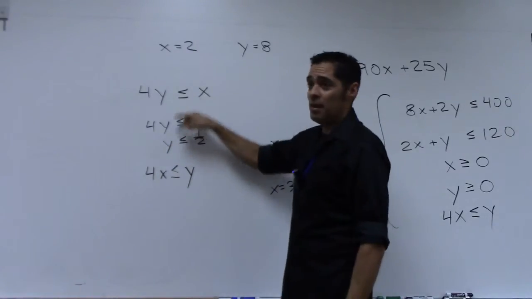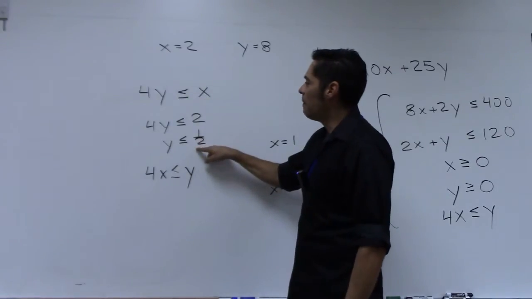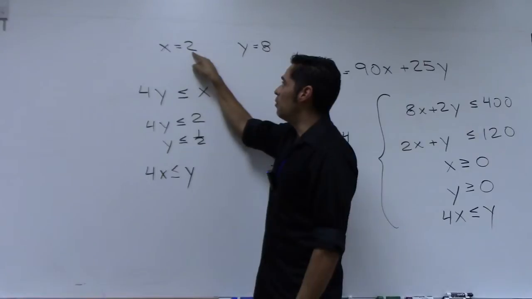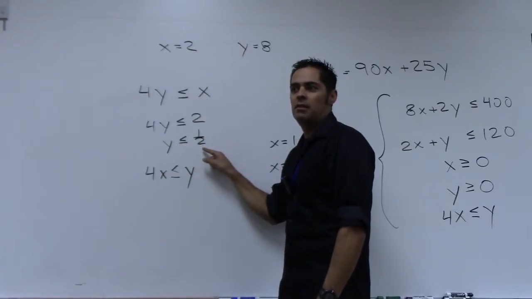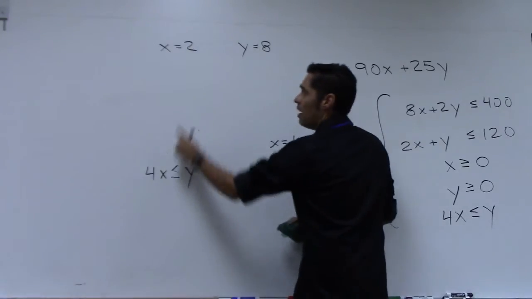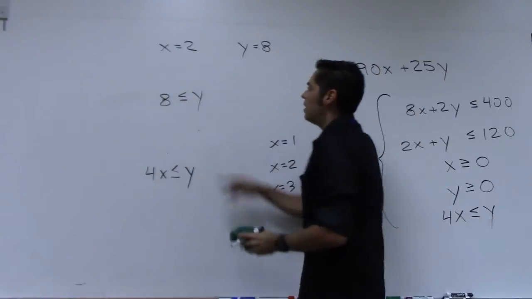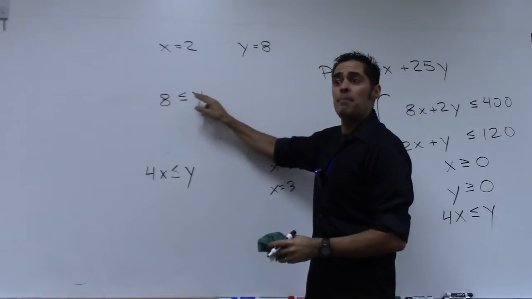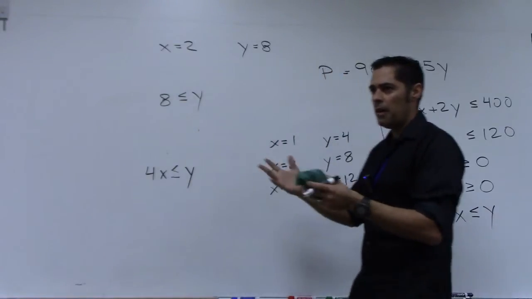So according to this, if you are going to make 2 tables, you are going to have to make less than half of a chair. That doesn't make sense. This one, though, if you make 2 tables, then this is 8 less than or equal to Y. That means the number of chairs needs to be bigger than or equal to 8. That will work. Does that help clarify it?